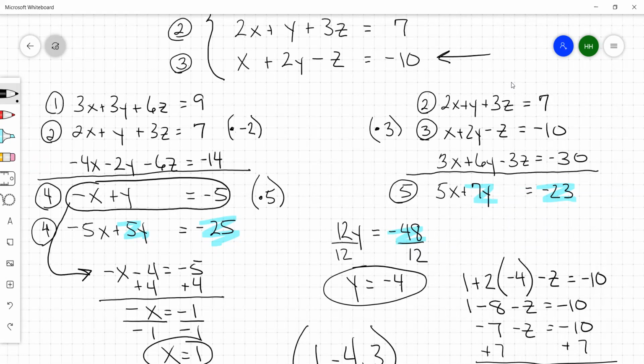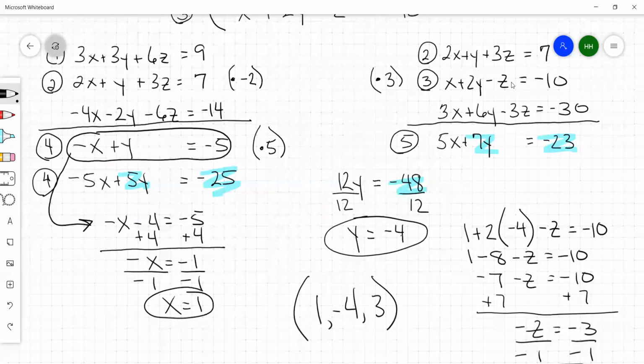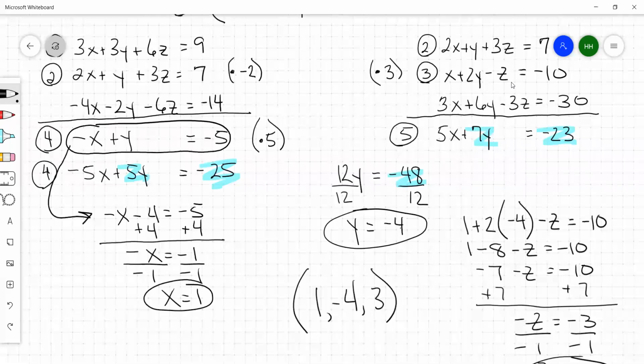Unfortunately, if you make one mistake anywhere along the way, you get the whole problem wrong, because the solution has 3 values. You've got your x, y, and your z.